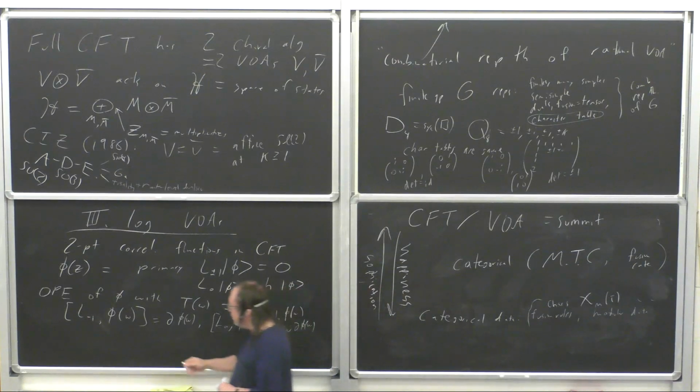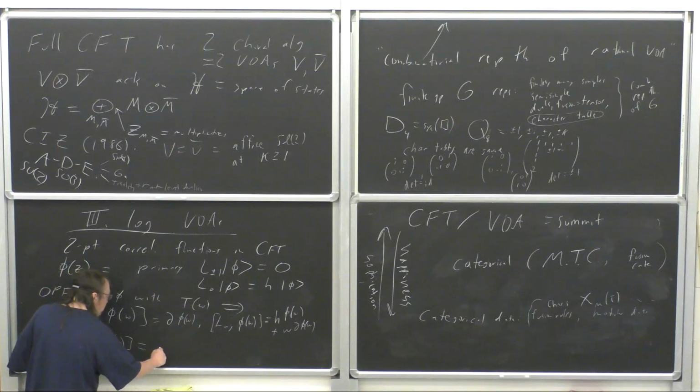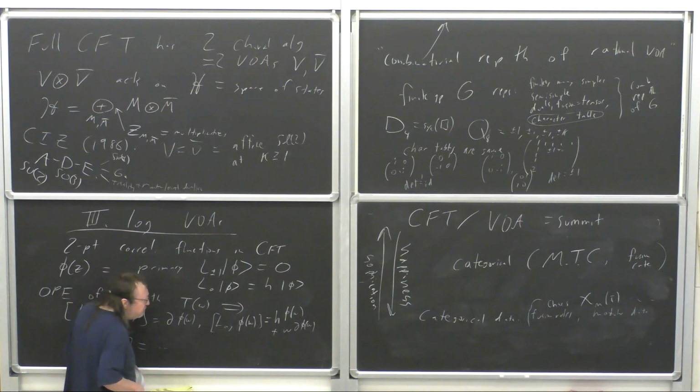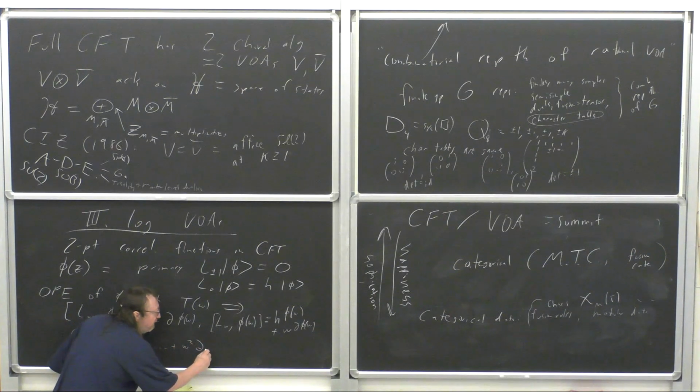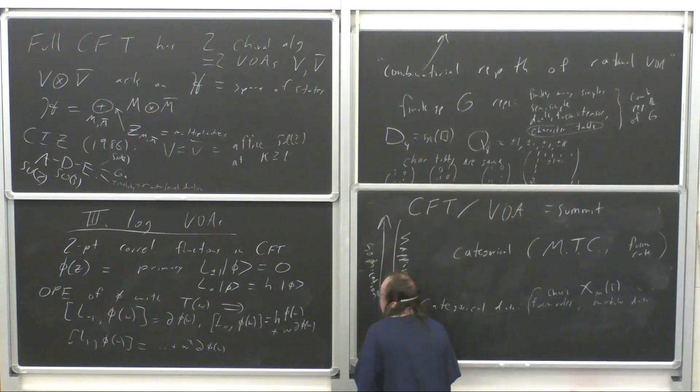And then there's one for L1 as well, which I'm not going to write down. This one involves a W times the partial derivative. That one will involve a W squared times the partial. Again, this is all discussed in all kinds of places, so I don't want to waste our time on this.